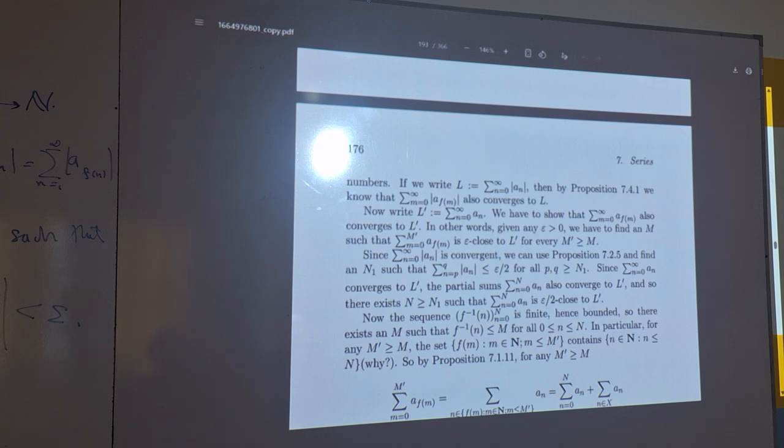Suppose you take any n less than or equal to capital N, we have to show that f inverse n is less than or equal to M dash. We know that f inverse n is less than or equal to capital M, and M dash is also greater than or equal to capital M. If you take any n less than or equal to capital N, can I say n is less than or equal to M dash?